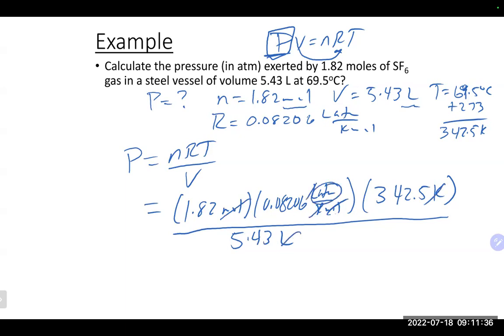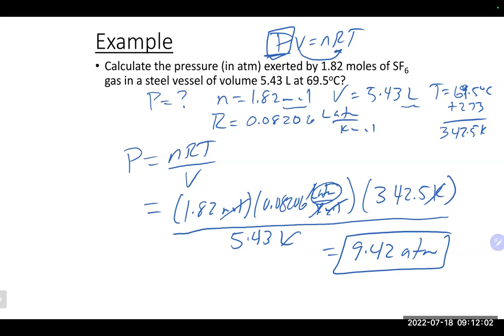That leaves us just atmospheres left over, which is good since that is what we are looking for. Pressure equals 1.82 times 0.08206 times 342.5 divided by 5.43, which gives us 9.42 atmospheres as our pressure.